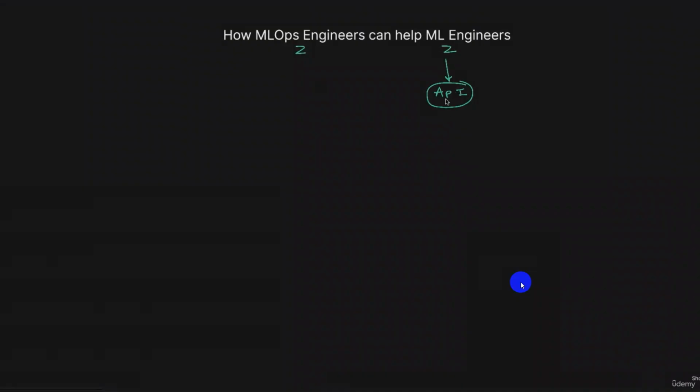But still, even after creating the API for the model, we were running the model on localhost using some Python commands. That means to make the model publicly available, a few more steps are needed. And those steps are related to deployment of the model.